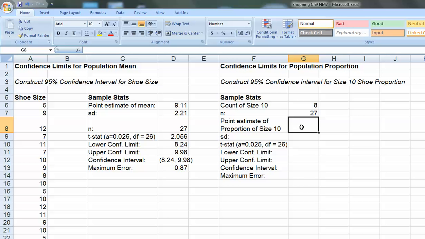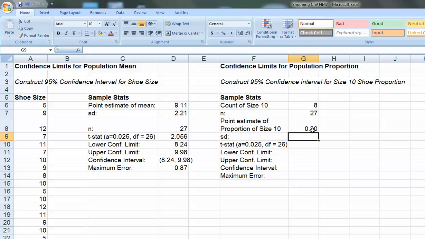It's real simple. We take the count of size 10s divided by the 27. And 30% of the values are size 10.